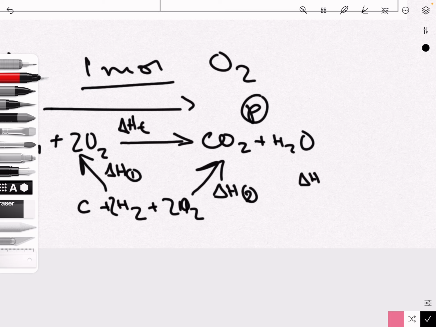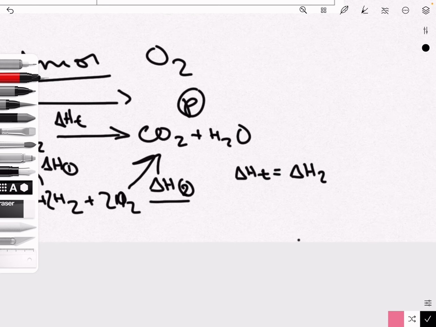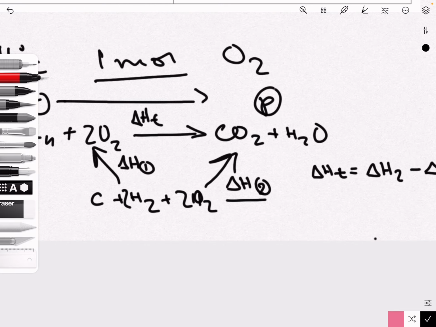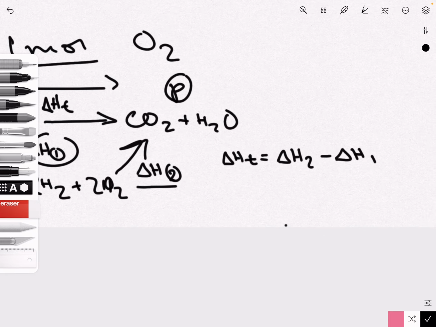So change in enthalpy total will be equal to change in enthalpy 2 minus change in enthalpy 1. And that's because we are going against this arrow, making this value have to be subtracted instead of added on.